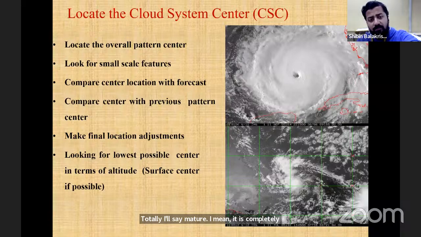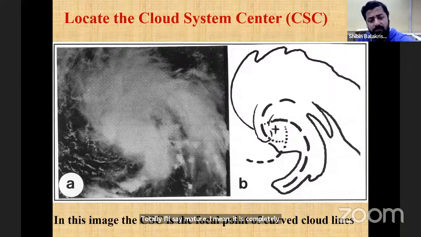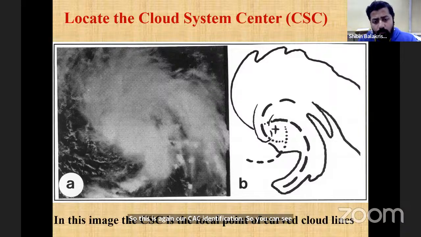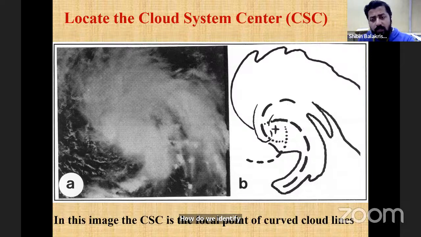So this is a CSC identification method. You can see the cloud and the corresponding visualization. How do we come to a conclusion about the identification of the eye of the system?